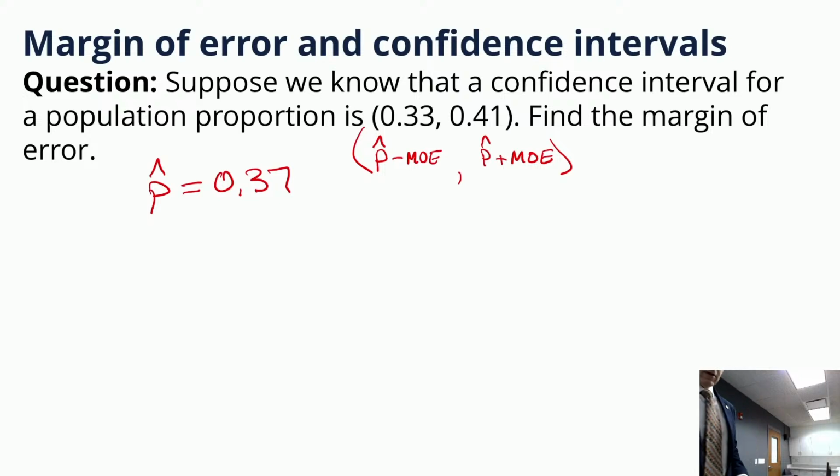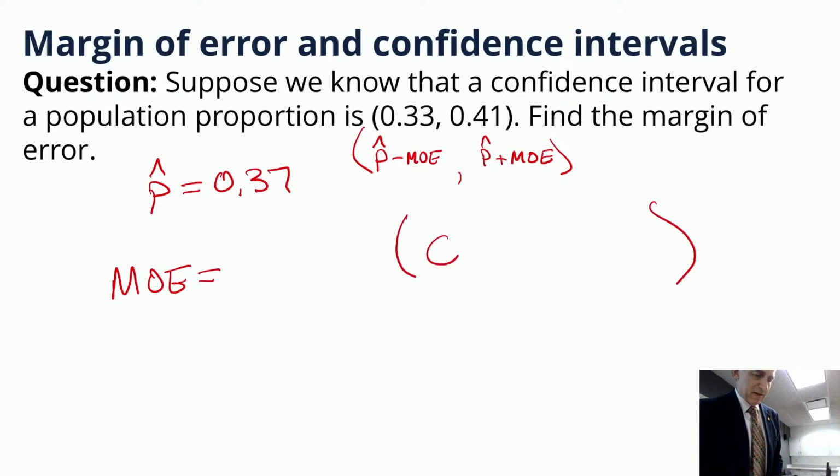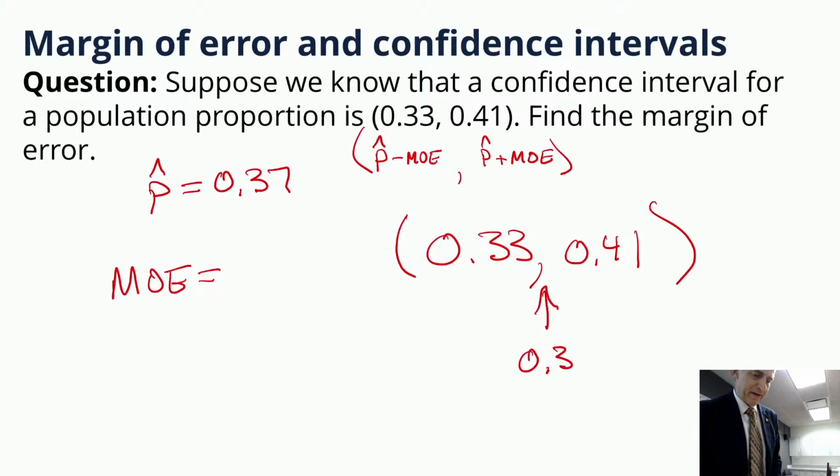Noel, what do you think of the margin of error? I'll give you a hint. This particular, let's see, 0.41, that's the confidence interval, and right in the middle, that's where you're going to find the p hat.